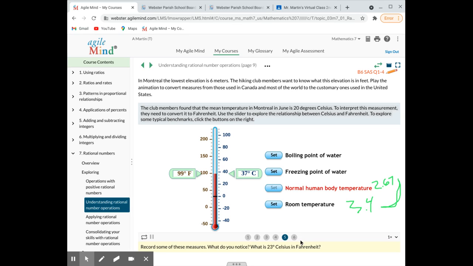So if we were to double the number of Celsius, would the number of degrees in Fahrenheit double? Yeah. Most likely, yes. So right here, we're at 0 degrees Celsius and it's 32 degrees Fahrenheit, right? Yes.